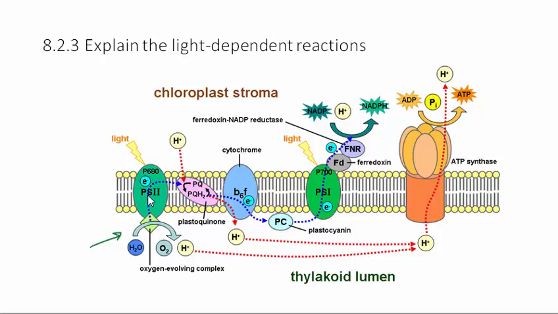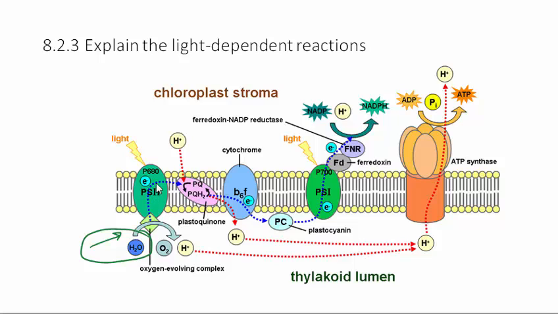It gets replaced by parts of the electron transport chain that like to donate electrons. And eventually, those electrons come from water. Water is split into oxygen and hydrogen ions, and those electrons flow through this electron transport chain.